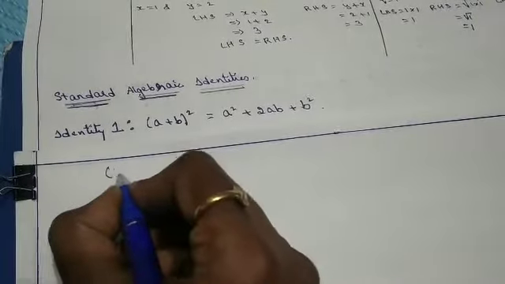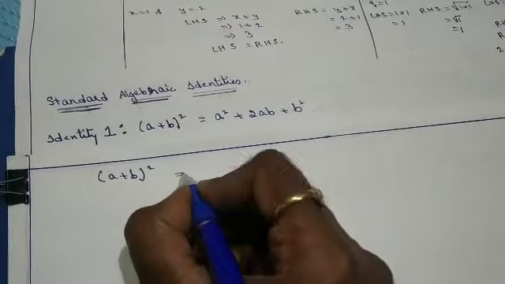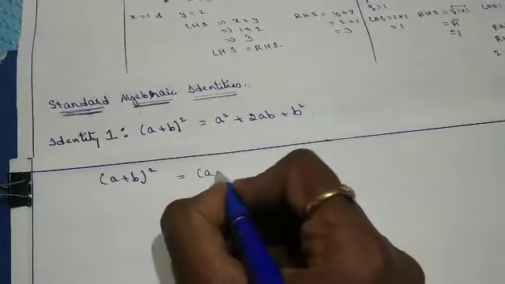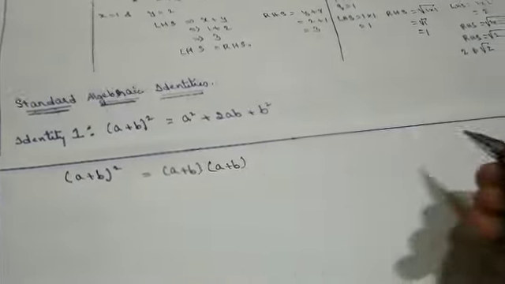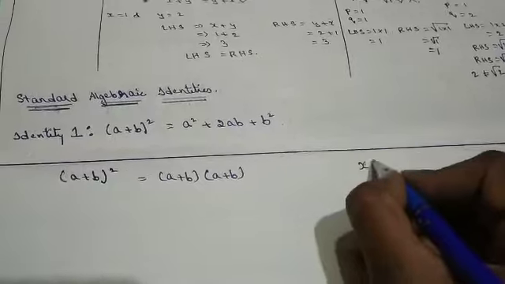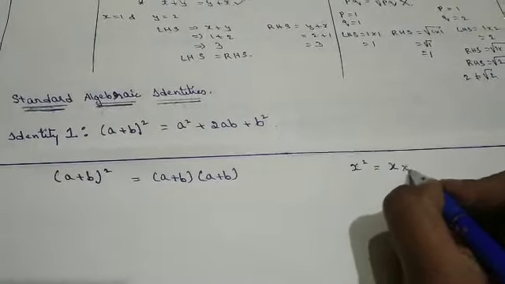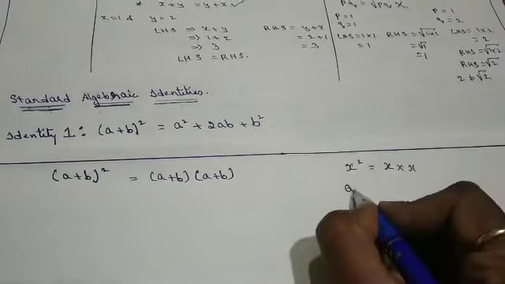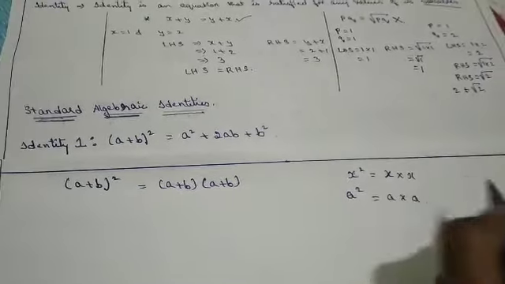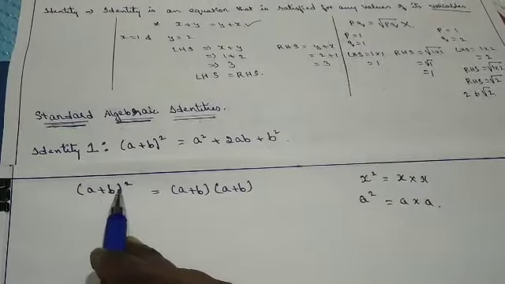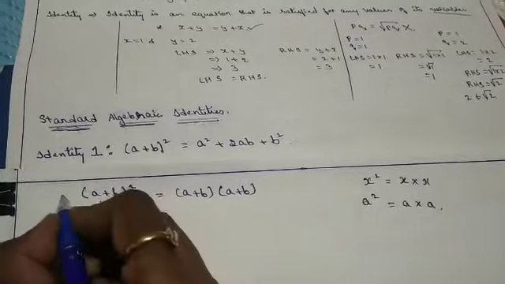So a plus b whole square can be written as a plus b into a plus b. How? We know that x square can be written as x into x, or a square can be written as a into a. Similarly, a plus b whole square can be written as a plus b into a plus b.